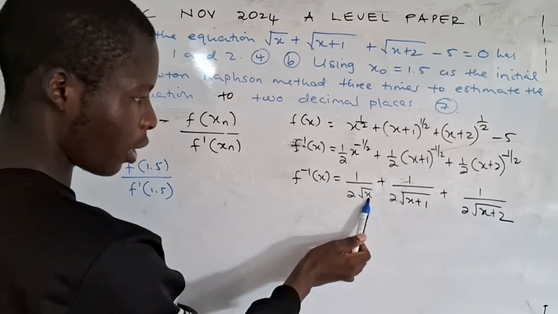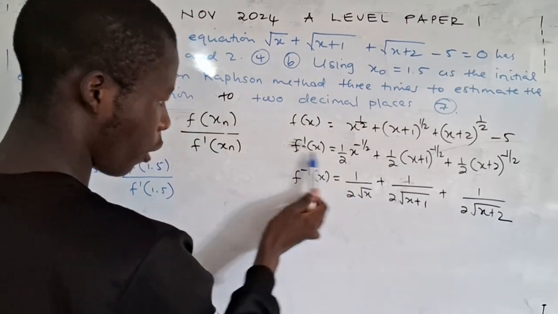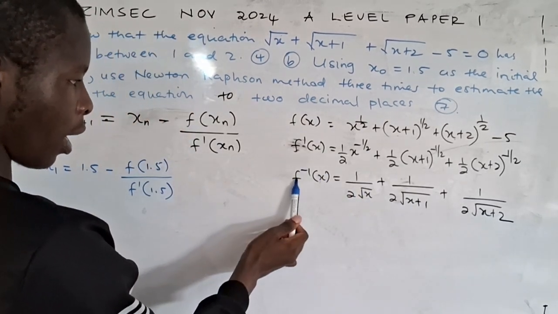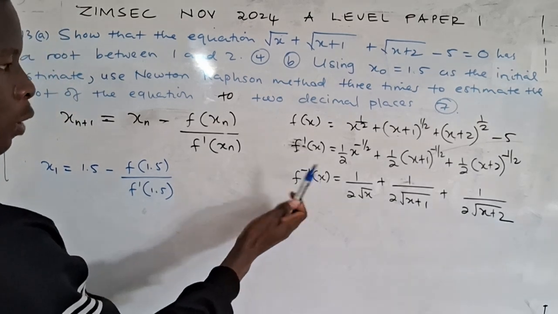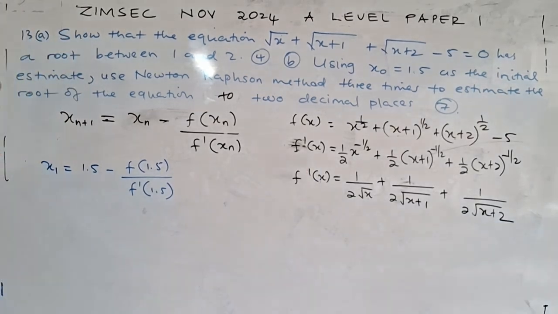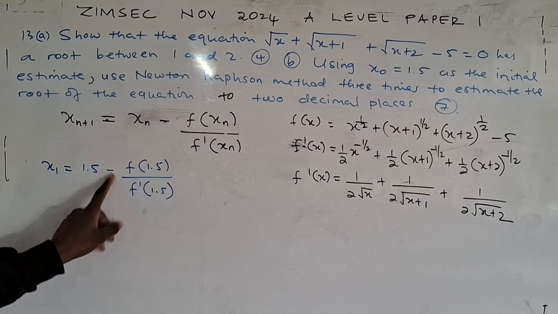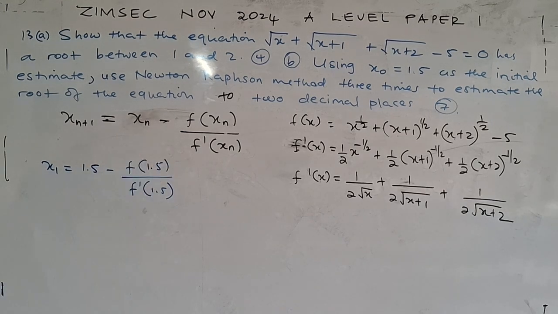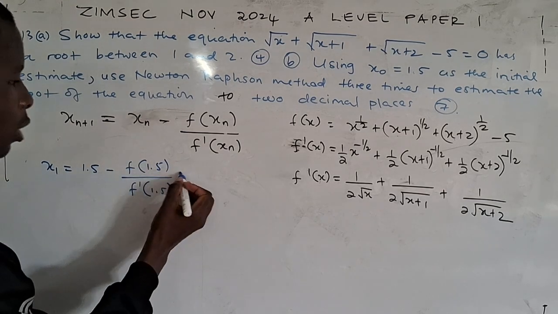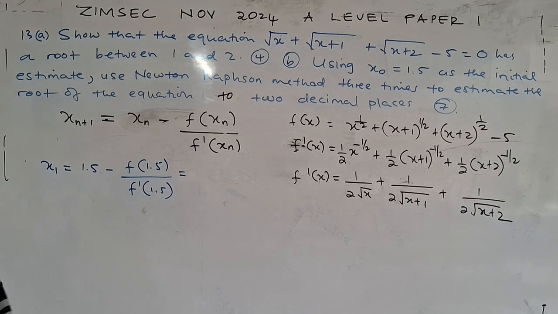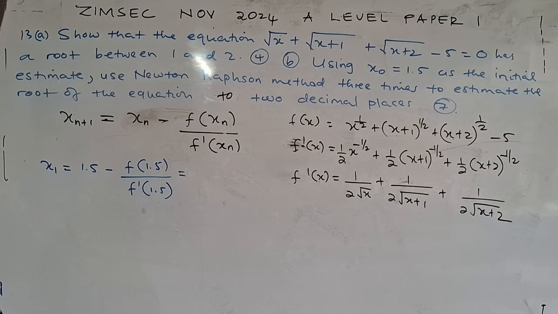Then here you put 1.5. You find the numerical value of the first derivative of f of x. Then you say 1.5 minus the answer that you are going to get here. Okay, you write your answer here. I'm going to check from my notes.